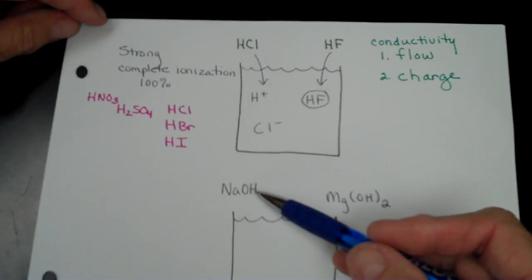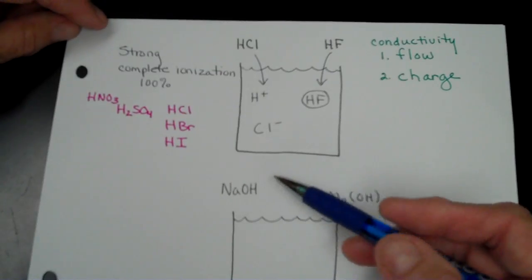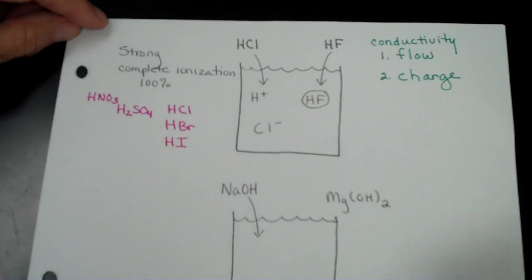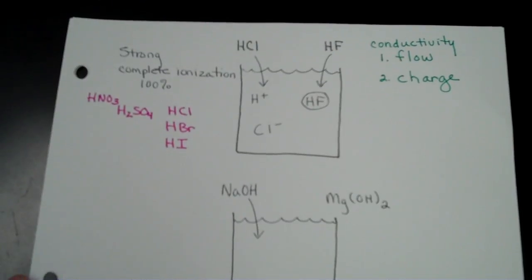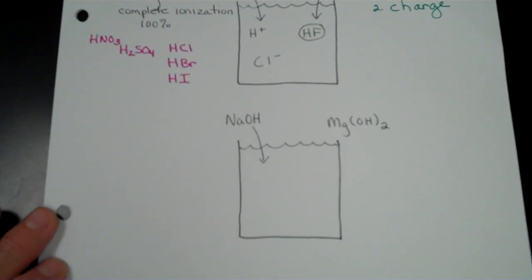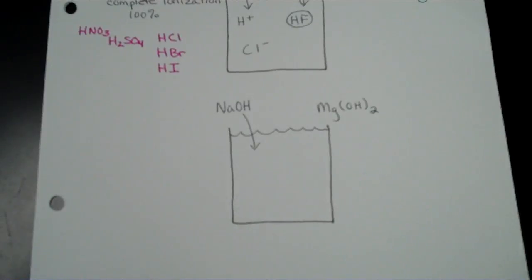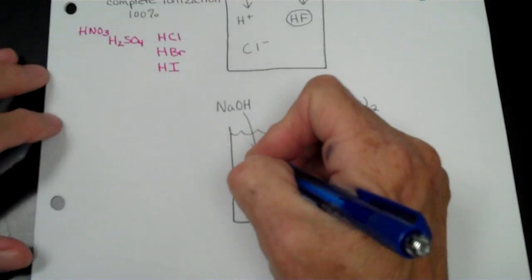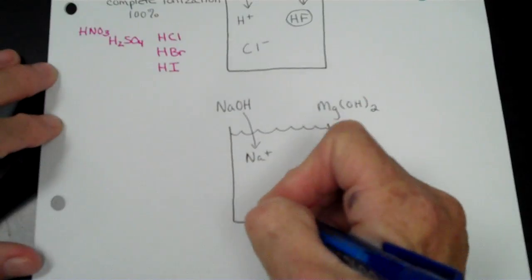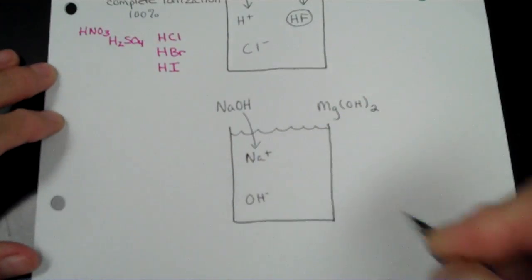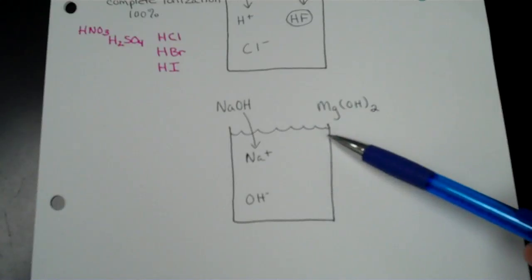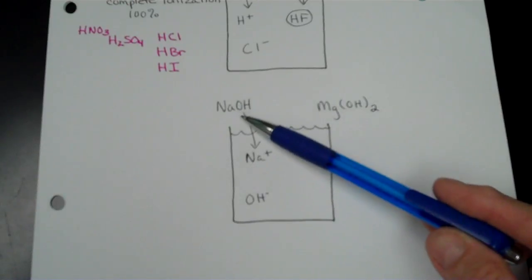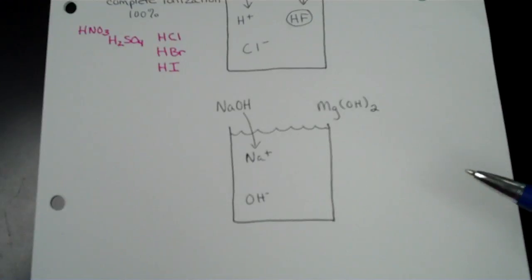Sodium hydroxide is very soluble, so it is going to dissolve, and when it dissolves and goes into water, it is going to form ions. So we're going to show the sodium ions, Na pluses, the hydroxide ions, OH minuses. Is this going to be a good conductor? Well, remember, what makes a good conductor is flow, it's moving in the water, of charge. Sodium hydroxide solutions are good conductors.